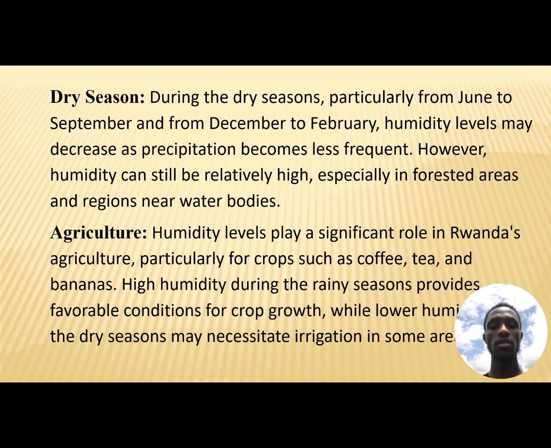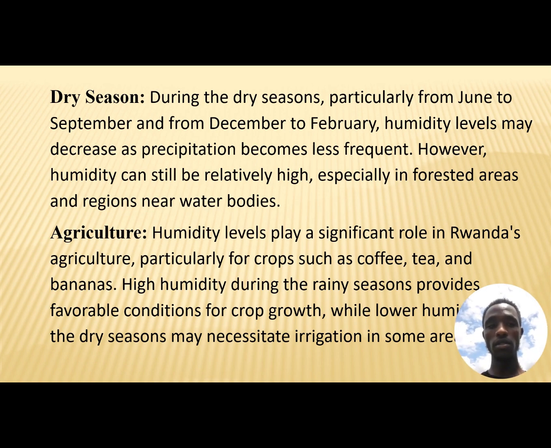Dry season: During the dry season, particularly from June to September, humidity levels may decrease as precipitation becomes less frequent. However, humidity can still be relatively high, especially in forested areas and regions near water bodies.